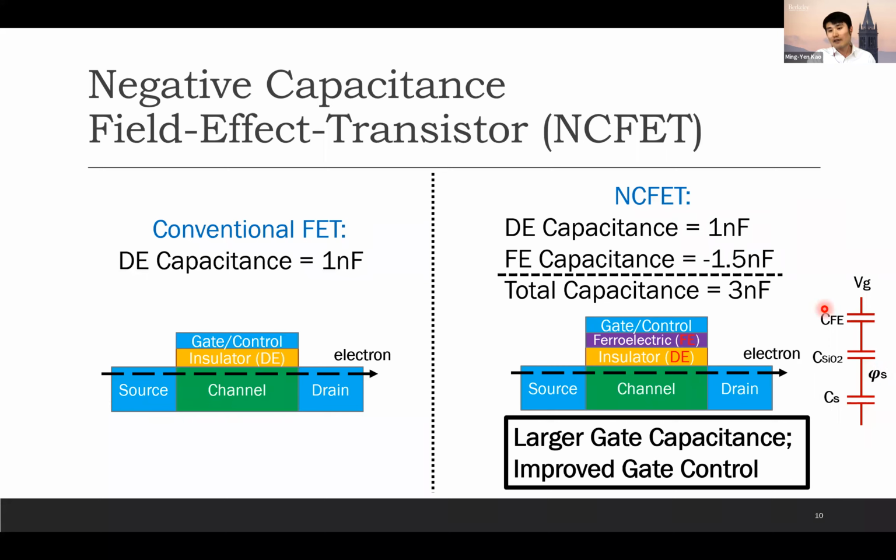If we have a larger gate capacitance, the equivalent capacitance of CFE and SiO2, then the gate will have more control over this silicon potential, which corresponds to better channel control. So that's the benefit of NCFET.